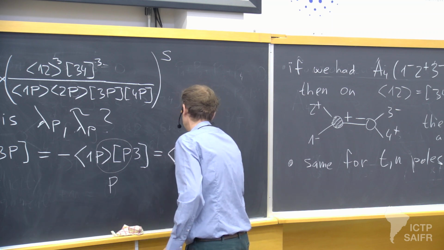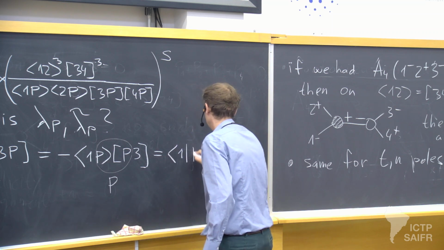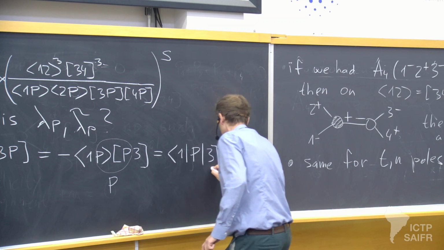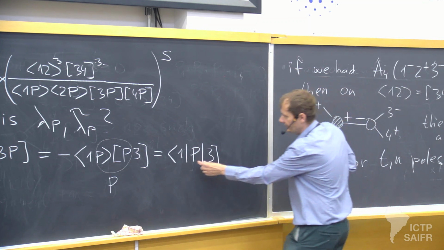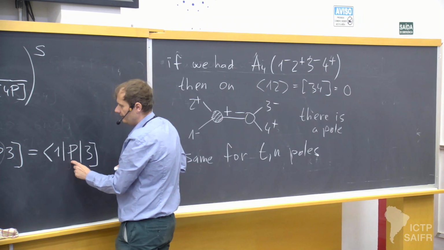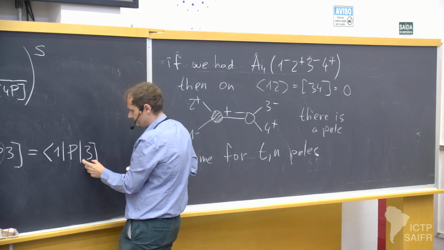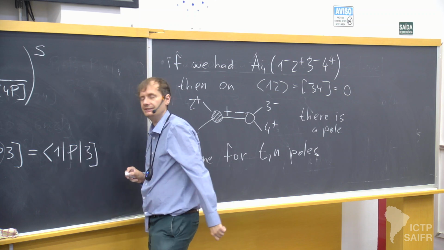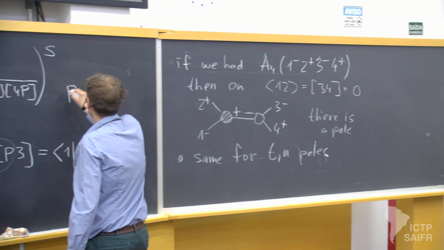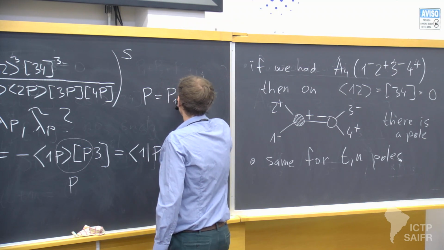So this is exactly this mixed bracket I was telling you before. We can write it like that: the p, the A index is contracted with lambda 1, and the A dot index is contracted with lambda 3 tilde. But p is nothing else than p1 plus p2.